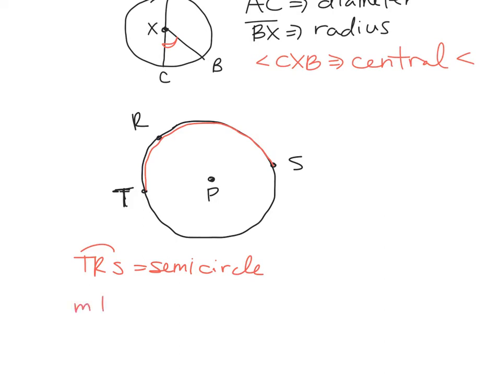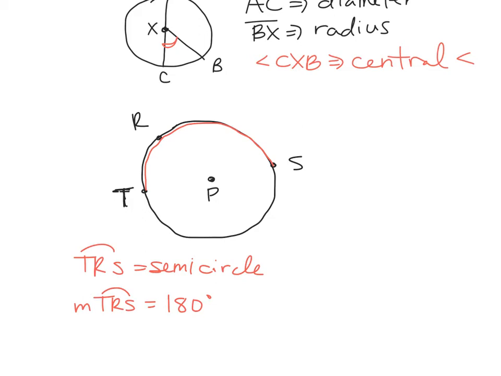How many degrees? It's not what the radius is. No, but you're on the right track. How many degrees in a full circle? 360, right? So this is half of that, so it's 180 degrees. Okay, so a semicircle is 180 degrees.